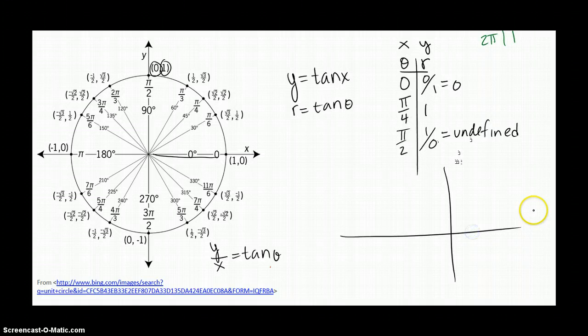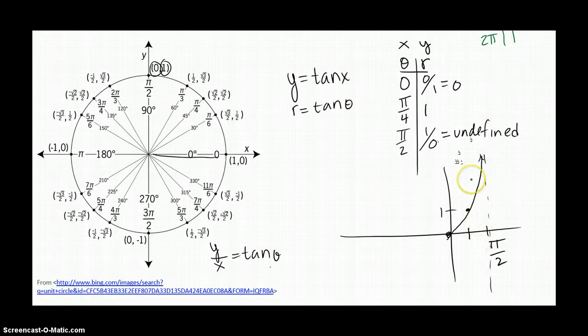So when you're graphing this, 0 is 0. Because it's undefined, I'm just going to stop at pi over 2. Then I'm going to go halfway. So we know that pi over 4 is about 1. Call that 1. And then here it's undefined. So that's where we draw this asymptote.